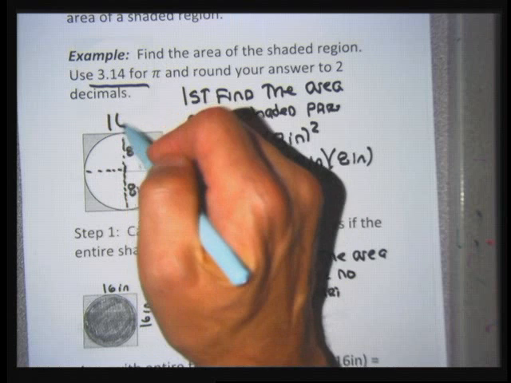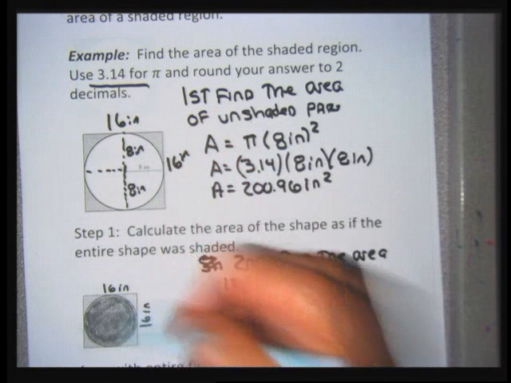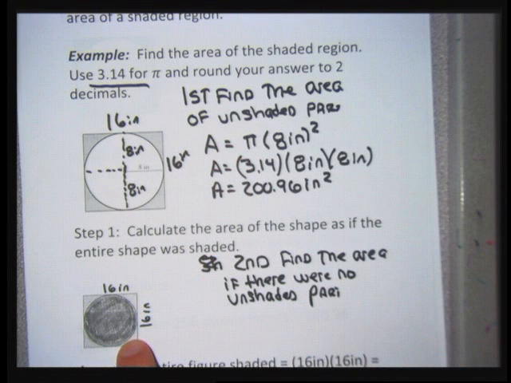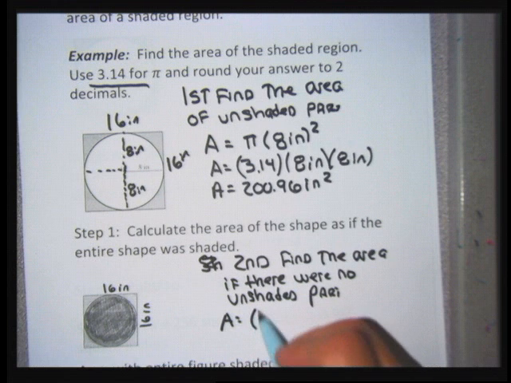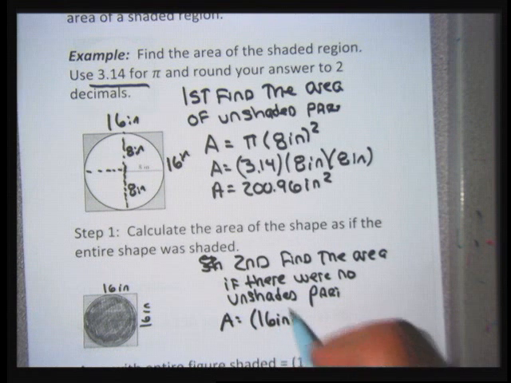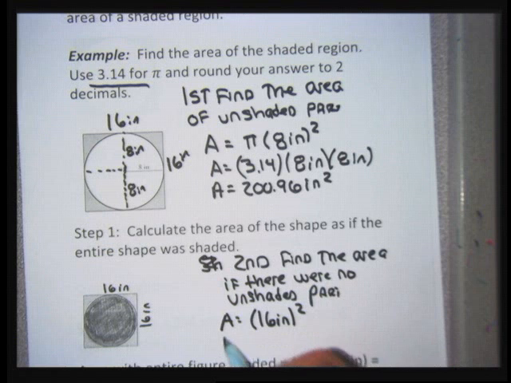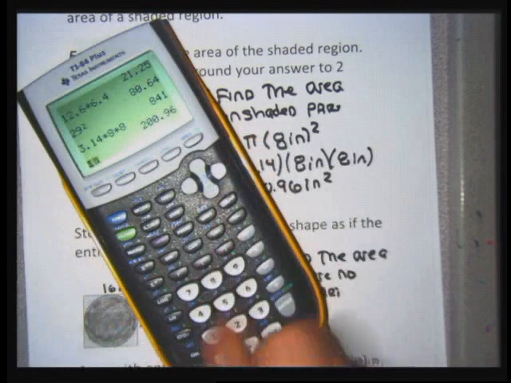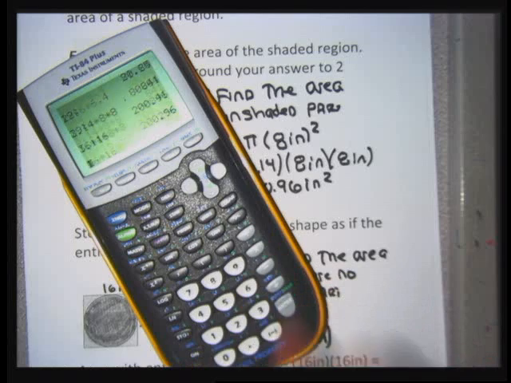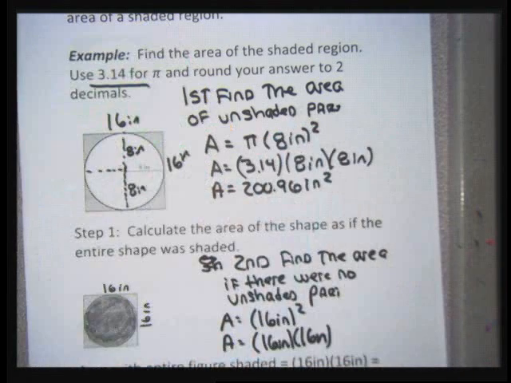So if I color in the unshaded part, what I have left is a square that's 16 by 16, and the area for a square is side squared, so it's going to be 16 inches squared, which is 16 inches times 16 inches. I think that's 256, but I'm not really going to commit to that. So that's 256 square inches.